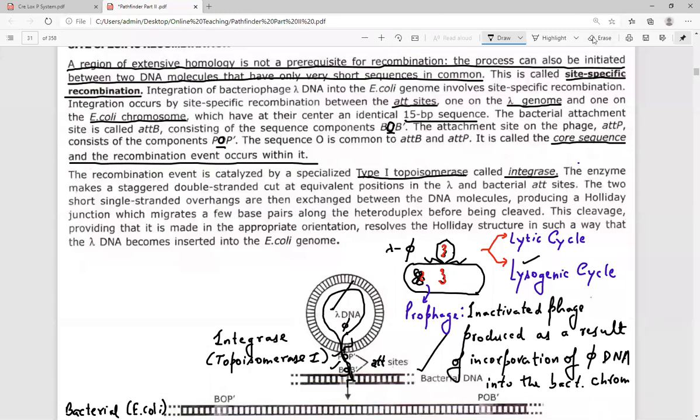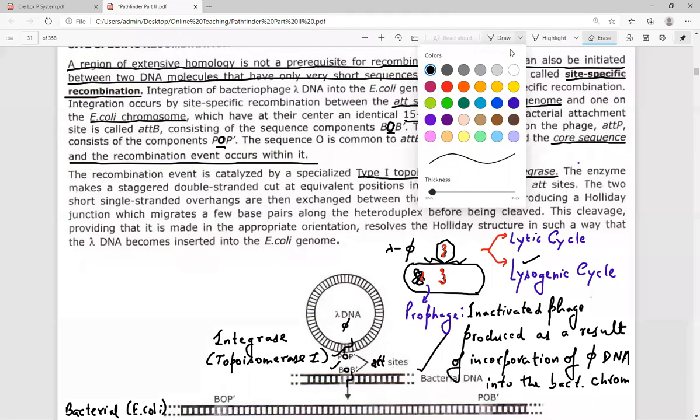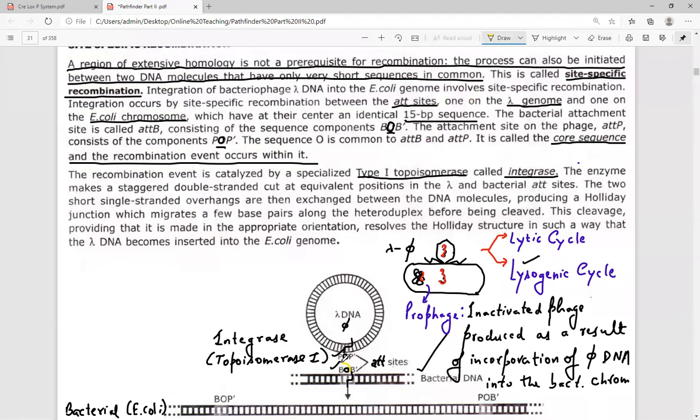Okay, if you are not getting it, please look here again, at how the integration is going to take place. This would take place BOP'. P' means the O is going to attack at this particular location. How is the attack going to be mediated? I'm just going to show it to you with a yellow color. See this. This is how the attack is going to be mediated. And when this bonding takes place, what would be the sequence produced?